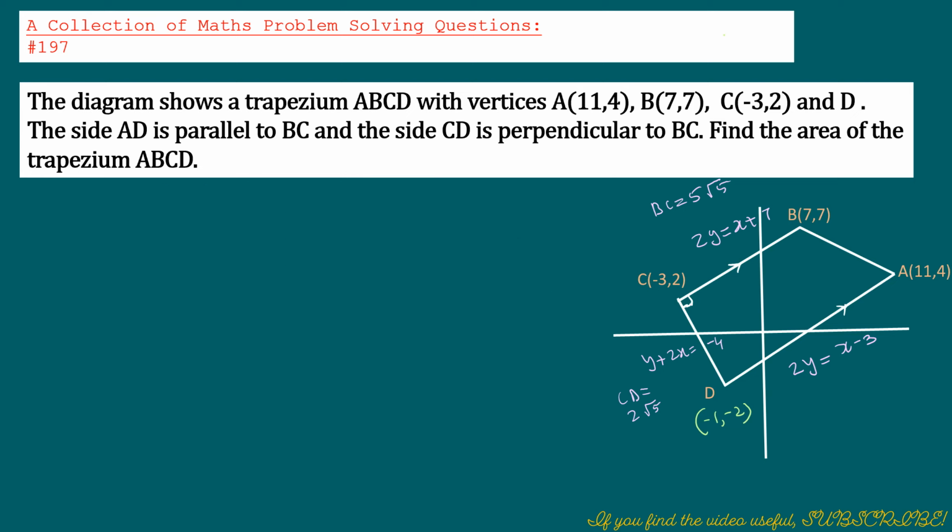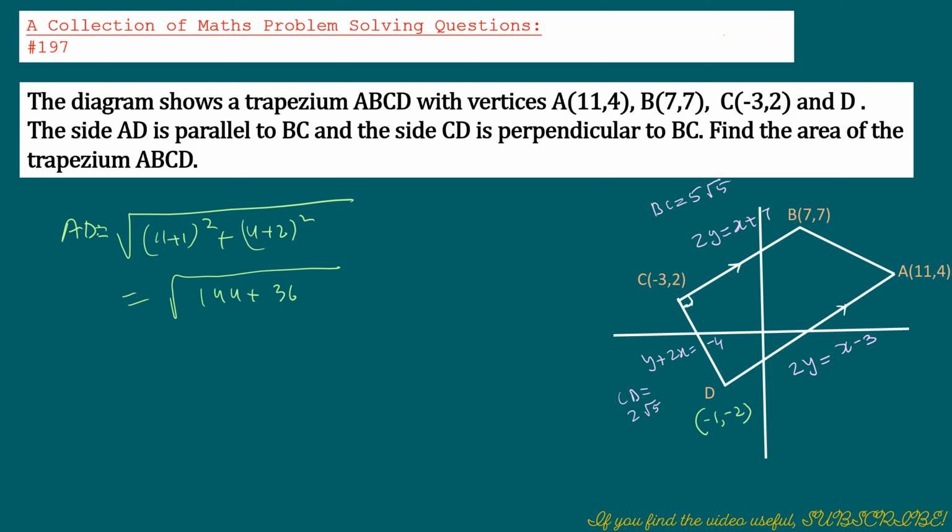AD would be the distance: 11 plus 1 whole squared plus 4 plus 2 whole squared. That would give you 144 plus 6 squared is 36, and that is 180.